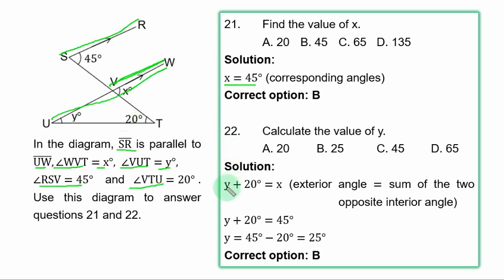So you have it in this form, and S is 45 degrees. So you have Y plus 20 degrees equal to 45 degrees. If you collect like terms and subtract, you have Y equal to this, and that is 25 degrees. B is the correct option.